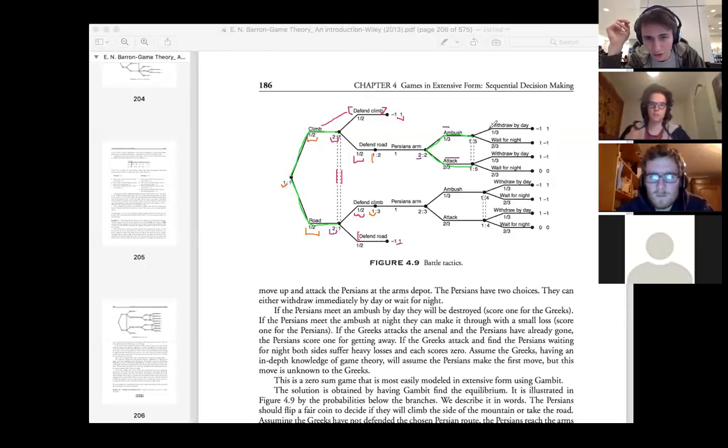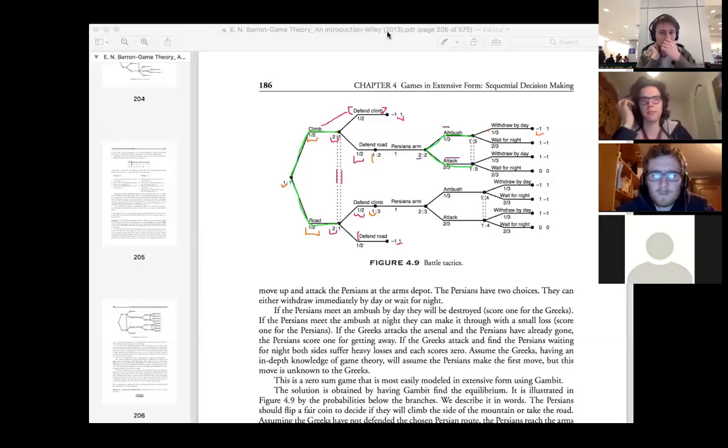If they withdraw by day, then they lose when the ambush happens. And if they wait for night and the Greeks attack, then it's, I guess, equal. But if they withdraw by day, then they win. So yeah, does that make sense? Yeah, so it's like them resting. Exactly. If they do rest, then they're going to win a fight they're withdrawing.